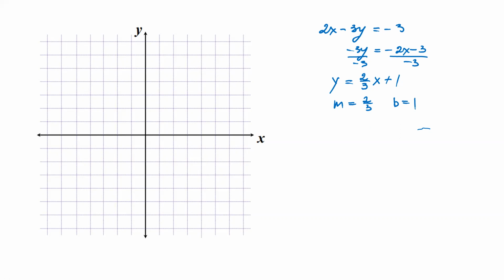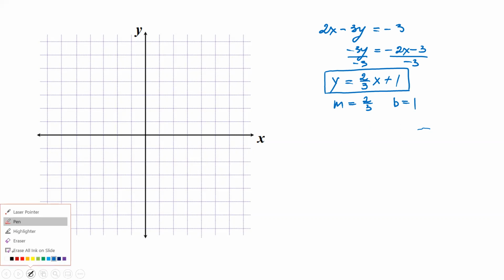And now I will graph this equation as if I've never seen the graph before. But this time I will use this new form of my equation, y equals 2/3 x plus 1. So I will start the same way I did in my previous video. To graph the line, what do we need? We need ordered pair solutions, right?